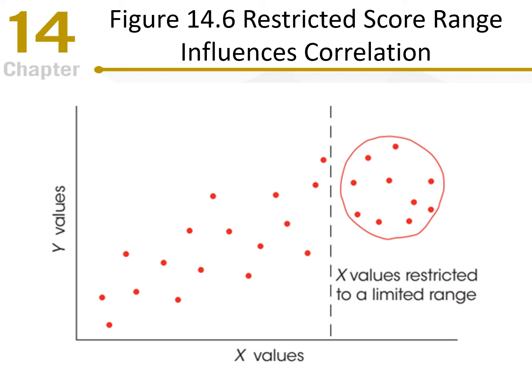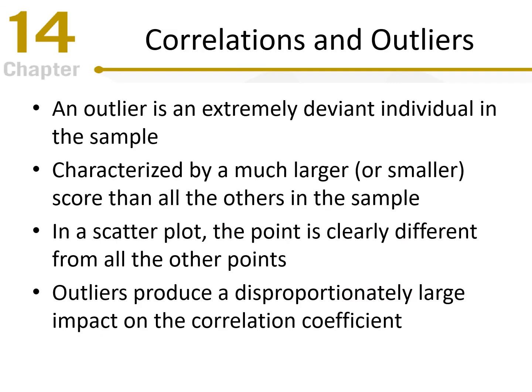If I only look at part of the X variable, part of the range, I may not get the true meaning of the correlation. And generally, the correlation is going to be smaller when I restrict the range. You also have outliers. Outliers can distort your correlation, especially if you have a small sample.